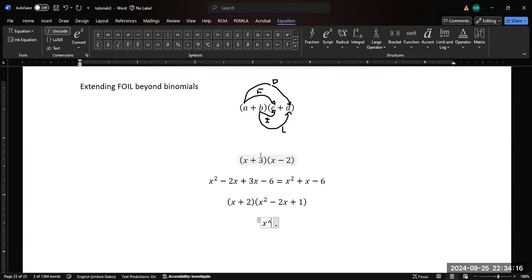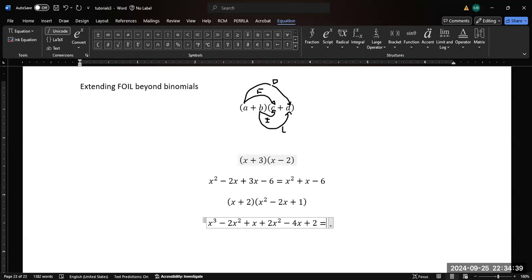So x times x squared is x cubed. X times -2x is -2x squared. X times 1 is x. And then we're going to move on and multiply 2 by everything in the second parentheses. So 2x squared. And then 2 times -2x is -4x. And then 2 times 1 is 2.